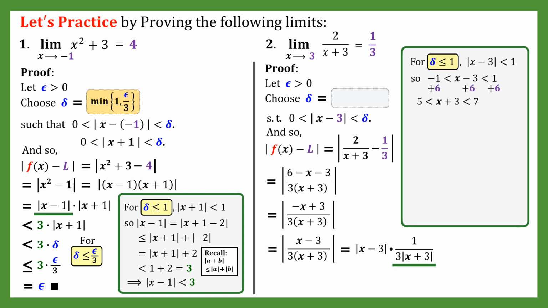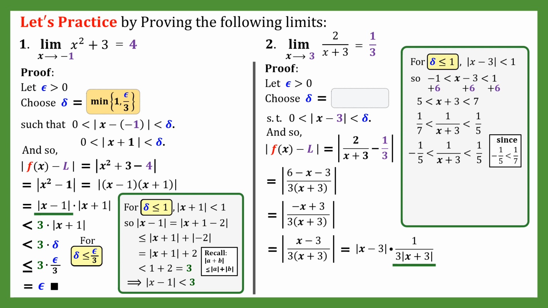And using the reciprocal property for inequalities, this means 1 over x plus 3 is greater than 1/7 and less than 1/5. In turn, this means that 1 over x plus 3 is greater than negative 1/5 and less than 1/5.